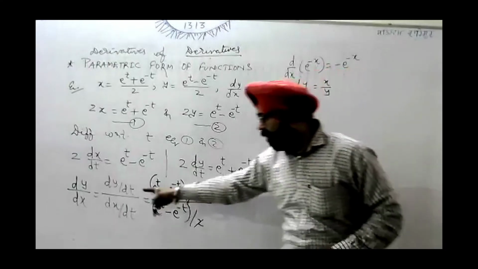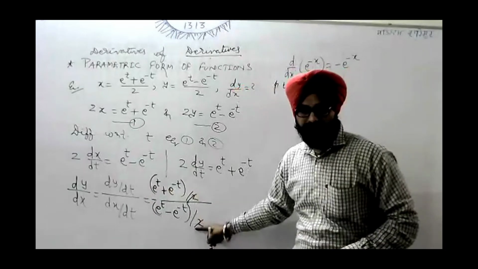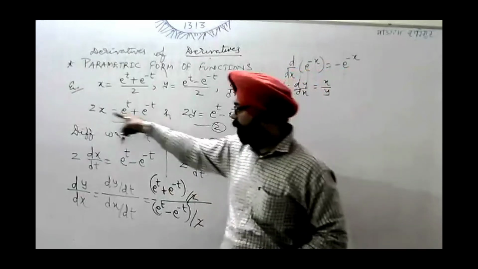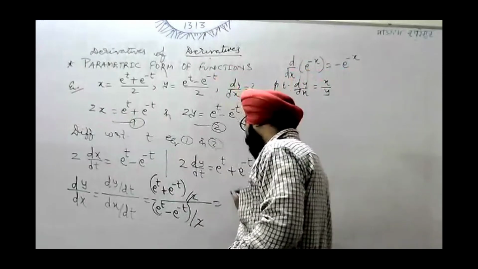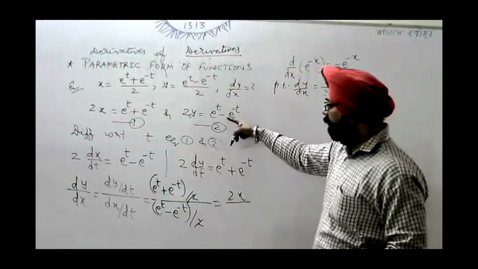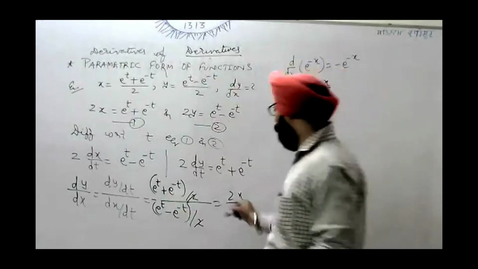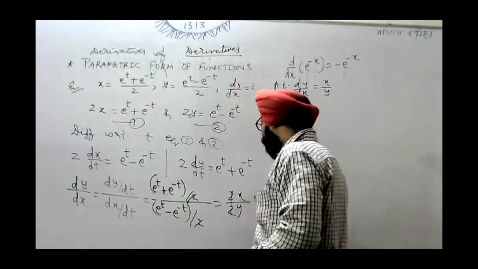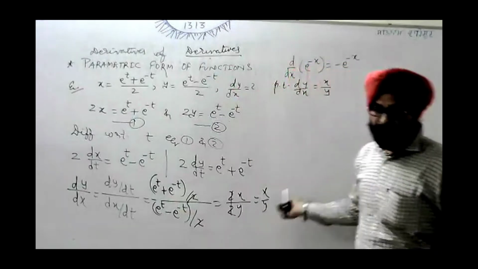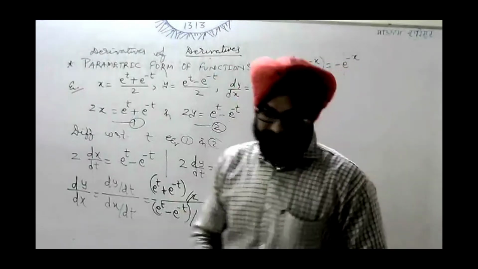We have got dy by dx up to this step only. Now substitute its value in terms of x from equation number 1, it is 2x, and the value of e to the power t minus e to the power minus t from equation 2, 2y. Cancel out, x upon y. Proved. This is the simplest form. Your doubts and comments first.